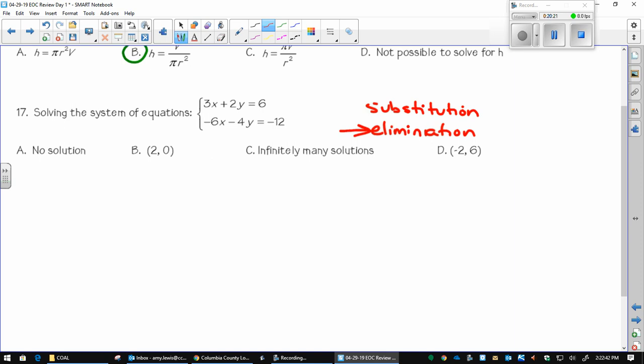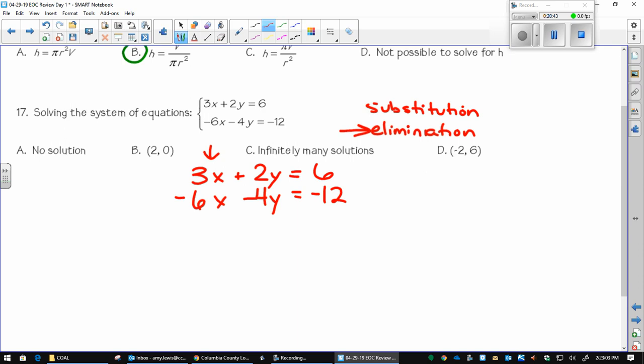If I had one set equal, solved for x or for y, I might use substitution. But again, my whole goal is to eliminate either the x's or the y's. So for now, I think I'm going to try to eliminate the x's.